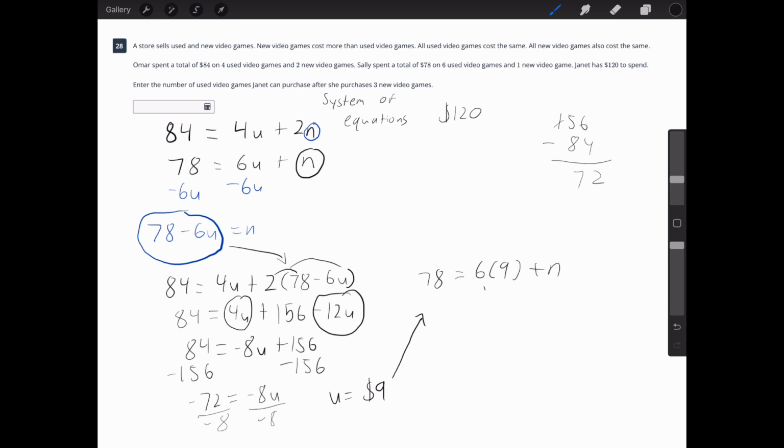And here we get 54 plus N equals 78. And all we have to do is subtract 54. Okay? We get a final answer: 24 is the price of a new game.